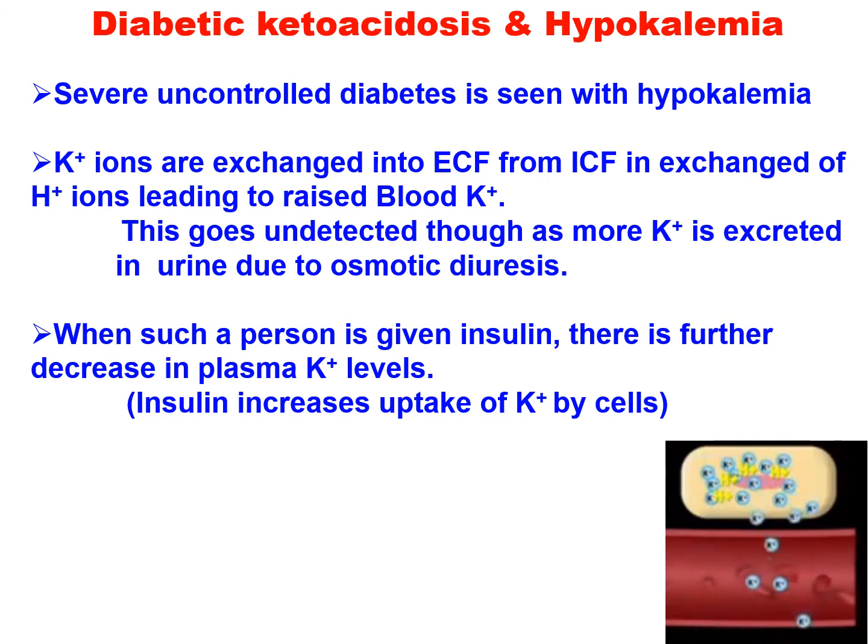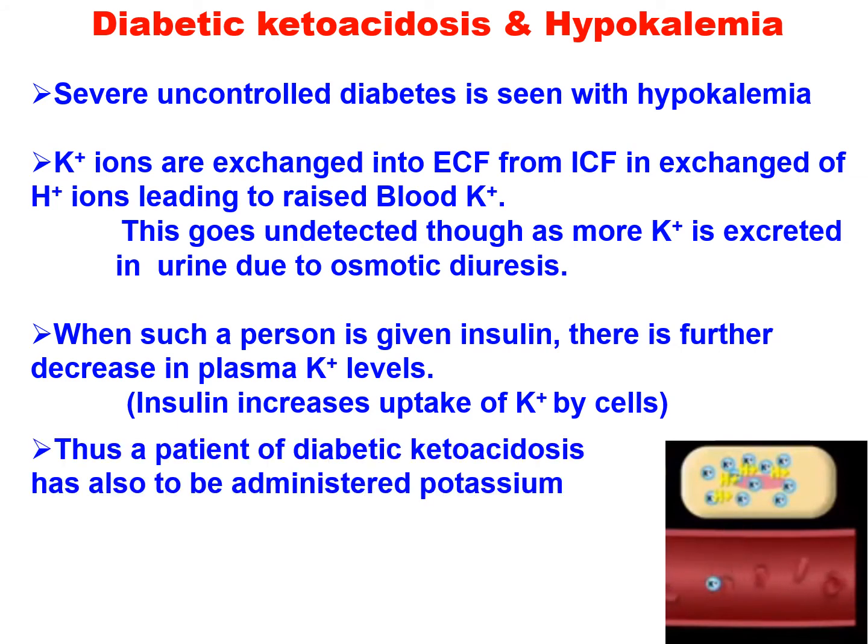But when insulin is administered, potassium ions move back inside the cells, leading to lower concentrations of potassium in blood, or hypokalemia. That's why when a case of diabetic ketoacidosis is treated with insulin, potassium replacement is required, with intravenous fluid and insulin as primary treatment.